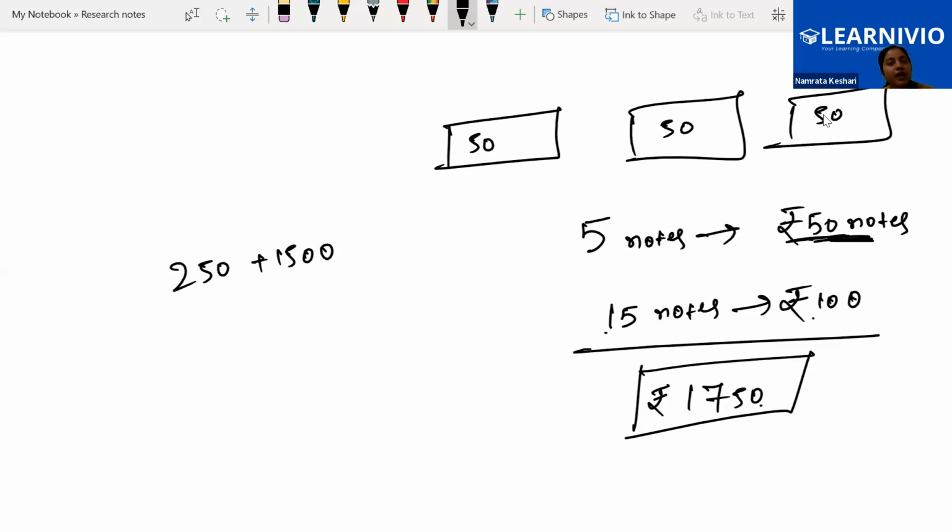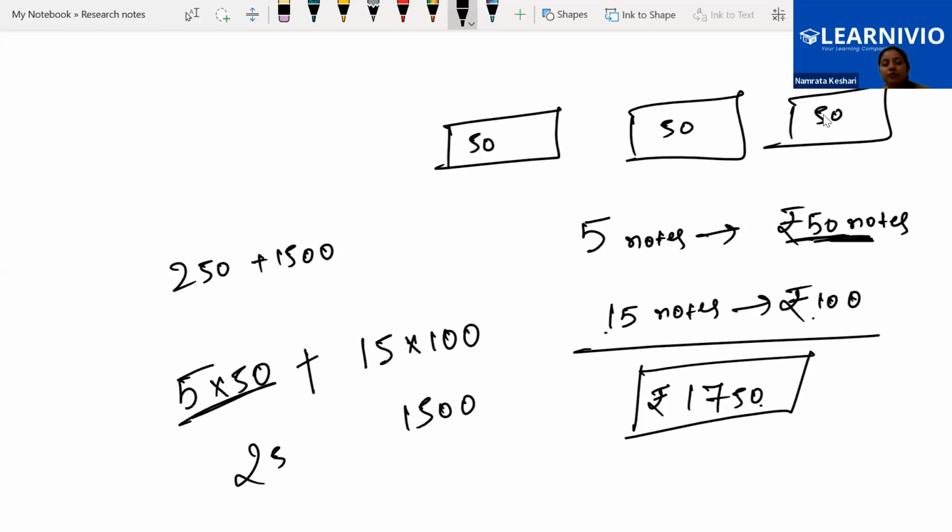How many times? 5 times. So basically we can do the multiplication: 5 into 50. That will be the total amount. Plus 15 notes are there of rupees 100 denomination. So 1500 rupees from here and 250 rupees from here. So total 1750. This is the total amount in my wallet. Are you getting it?